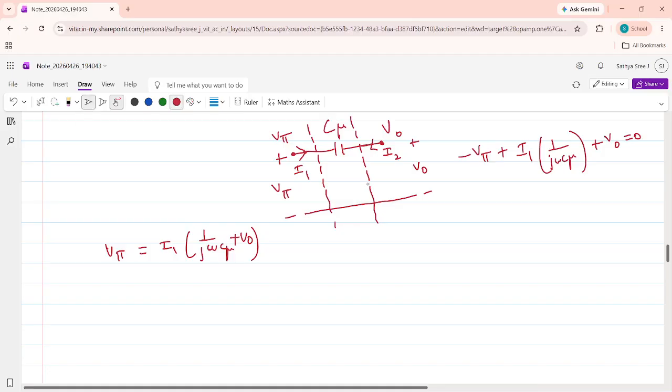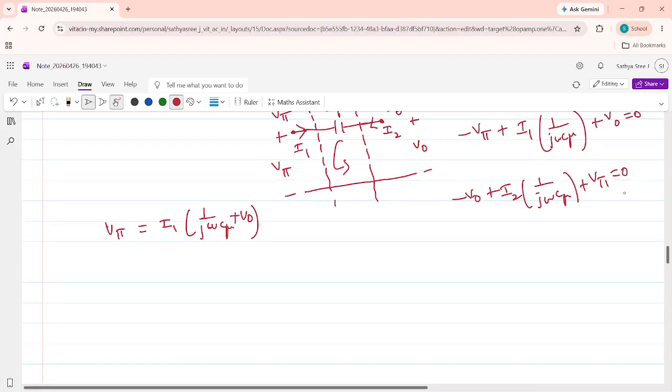Now I will write a loop equation in terms of I2. Going anti-clockwise: minus V naught plus I2 multiplied by 1 divided by j omega C mu plus V pi equals 0.